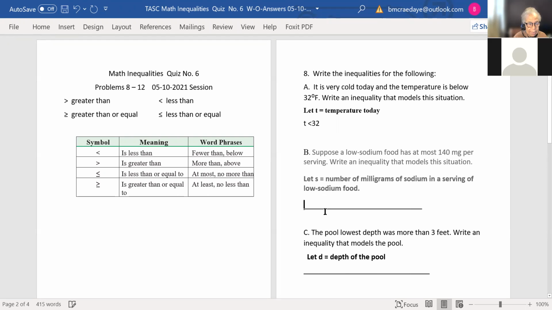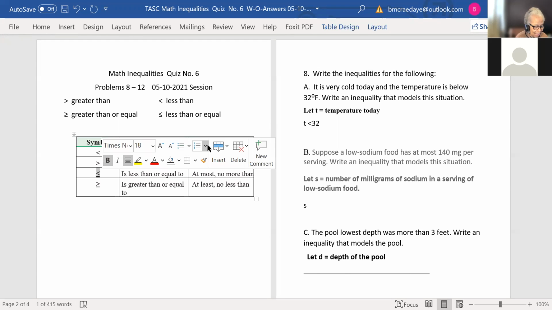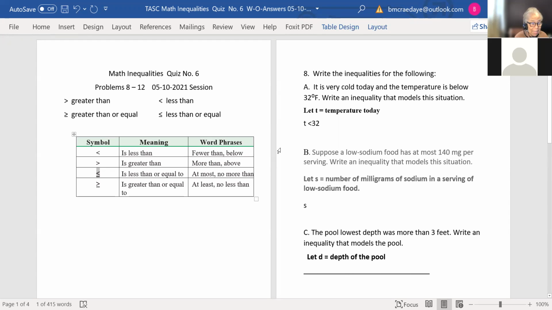What is the inequality, Maureen? S is for sodium, right? That's the variable. Less than or equal to. At most translates to less than or equal to.